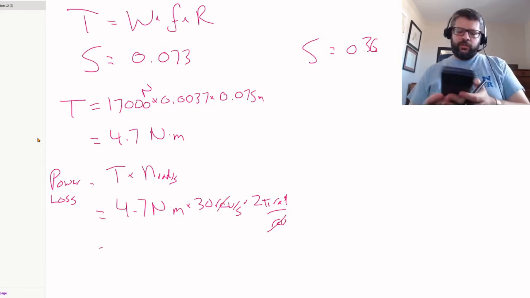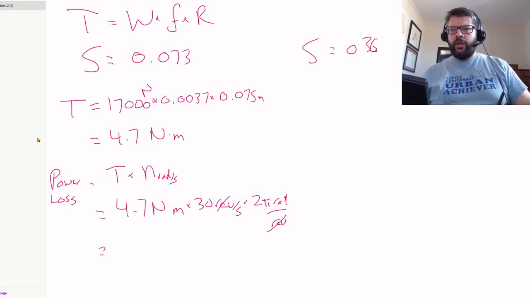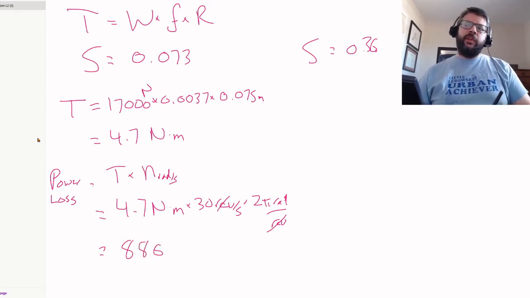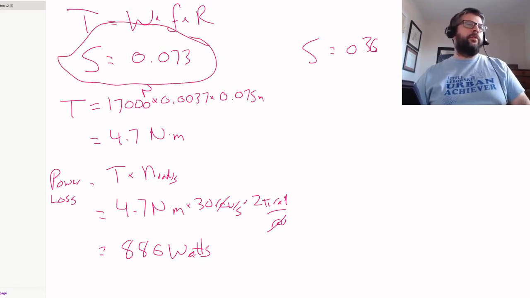That gives us 886 Newton meters per second, or watts. So that's our low friction case.